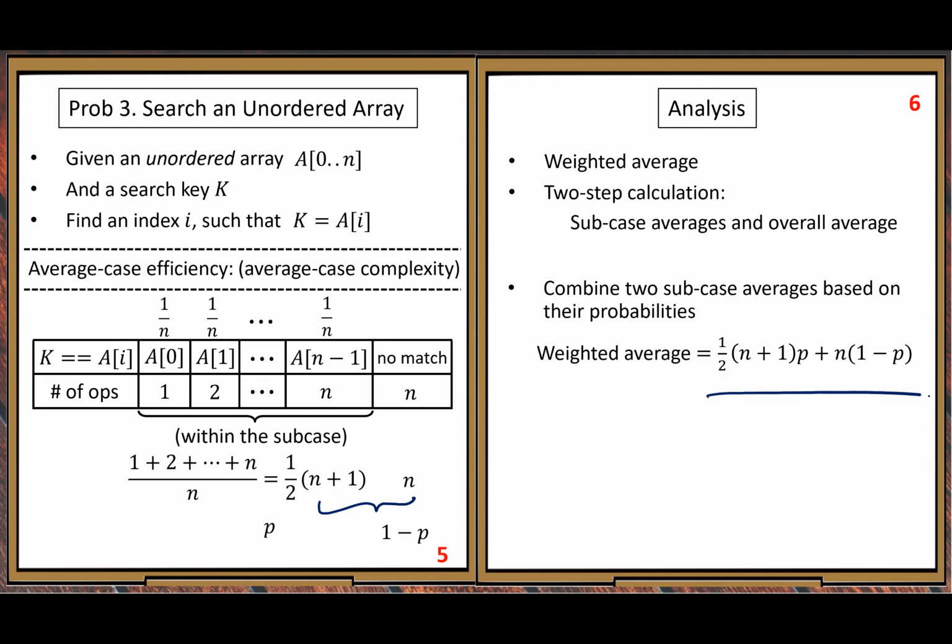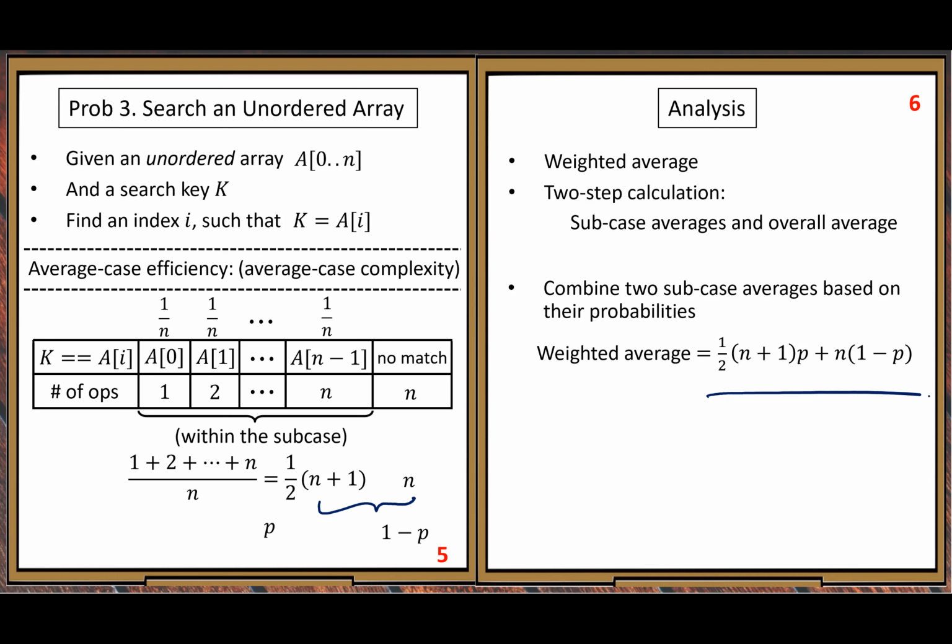From this simple problem, you can see the main concept we learned: average case efficiency. Not just the concept, we also learned how to calculate average case efficiency, here using the weighted average to do the calculation.